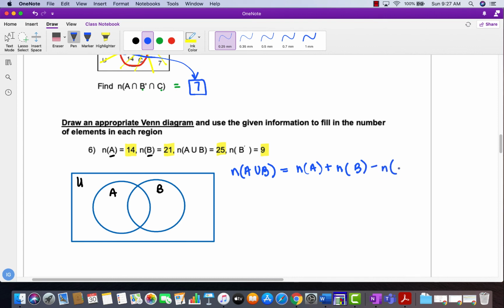Because remember, you have to subtract the intersection. And we actually have everything else. So if we plug in the numbers here, the union of A and B is equal to 25. Why? They give it to you here. The number of elements of A is 14, plus the number of elements of B is 21.